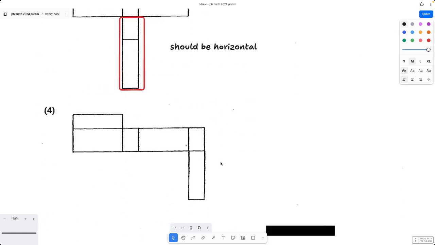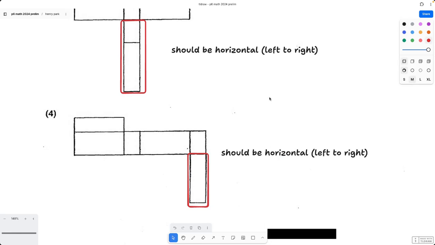And for this one, this also should be horizontal. I'm going to make this red. And this should be horizontal, or I'll just put left to right. Left to right. Okay, that's roughly about it.